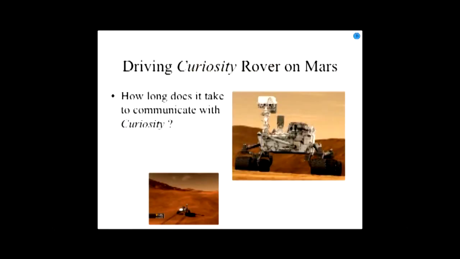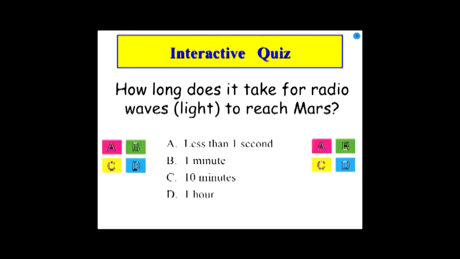And that leads to a quiz question. What about the time it takes sunlight to reach Mars? How long does it take a radio wave, and by the way, radio waves are light of long wavelength. Well, let's do it a little differently.